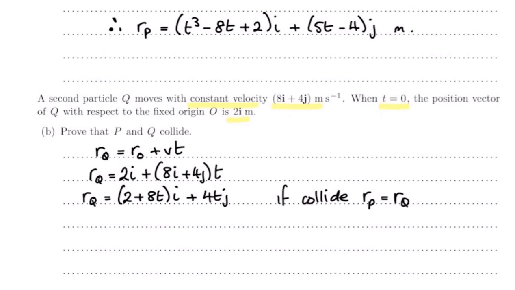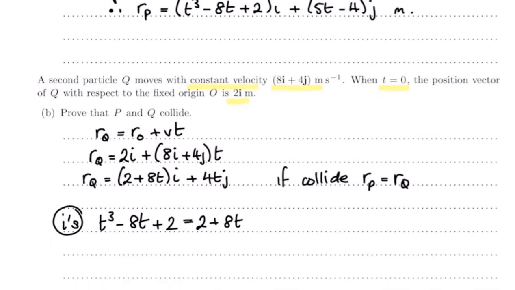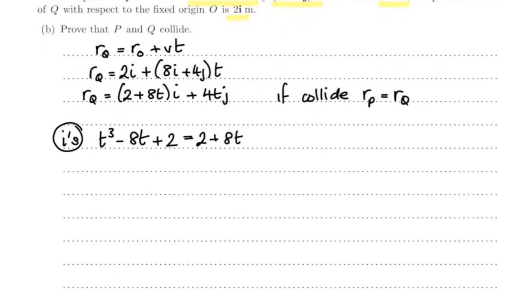We'll look at the i's first, comparing the i's for rP and rQ. So t cubed minus 8t plus 2 must equal 2 plus 8t. That's the i's. If we solve that, we get t cubed minus 16t equals 0.